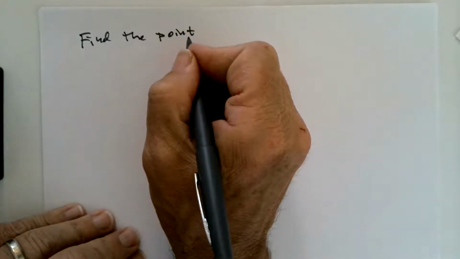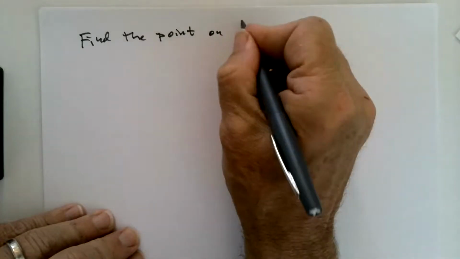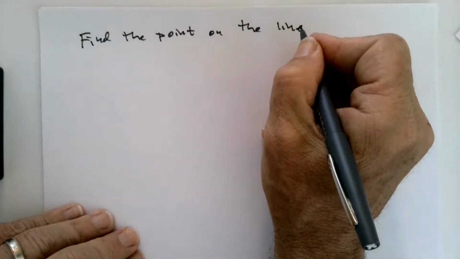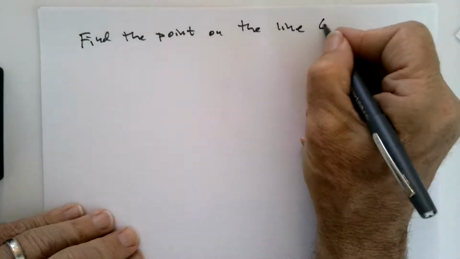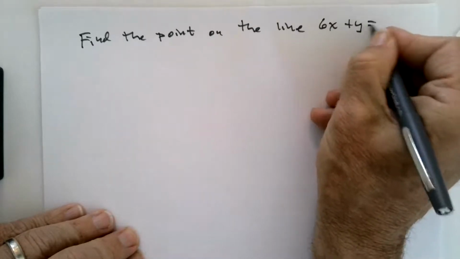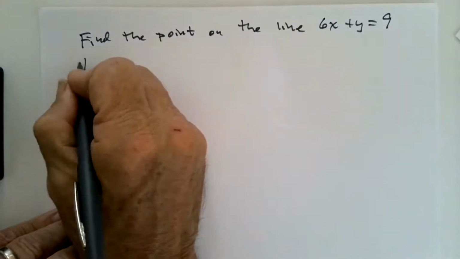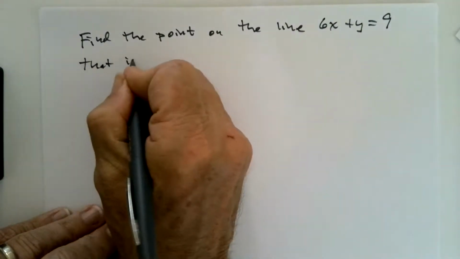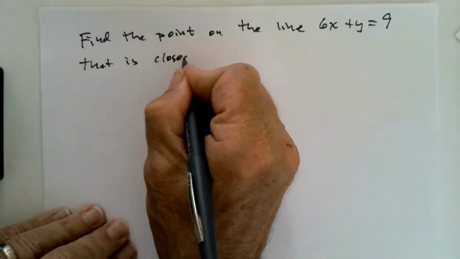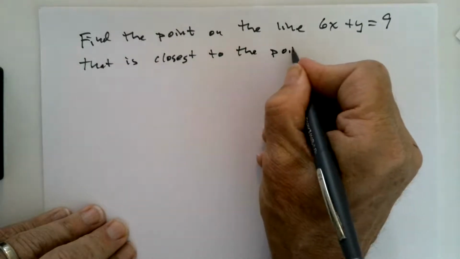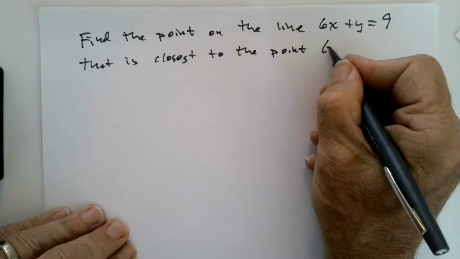Find the point on the line 6x plus y equals 9 that is closest to the point (-3, 1).